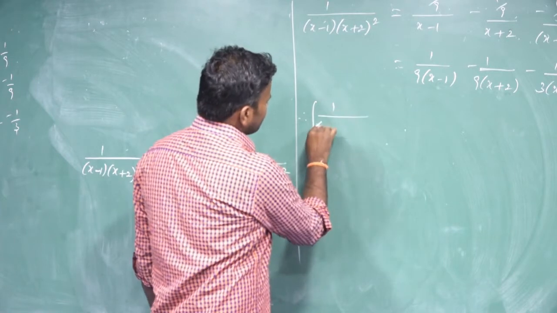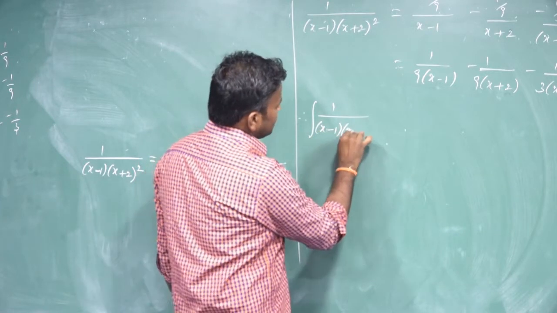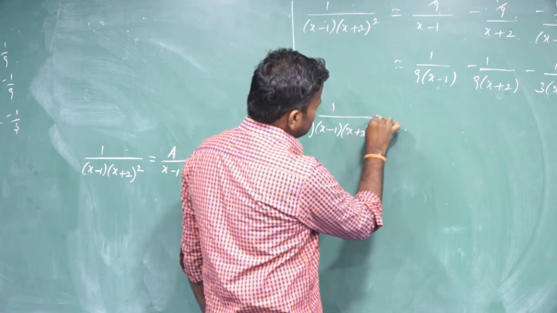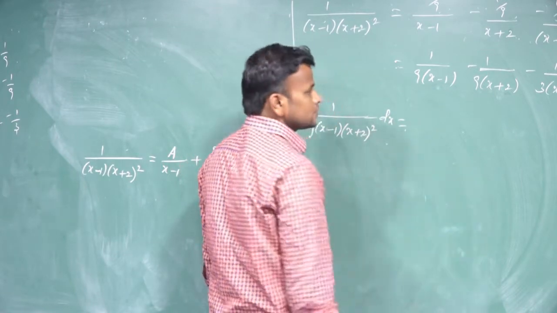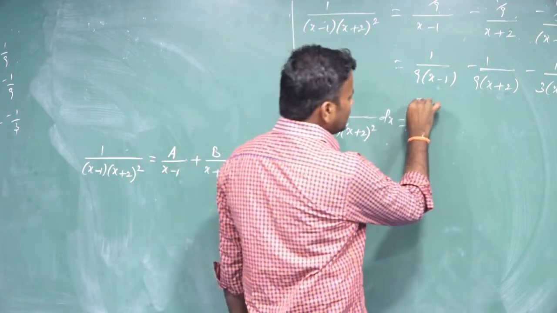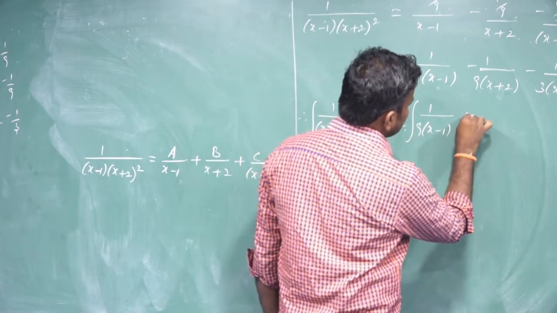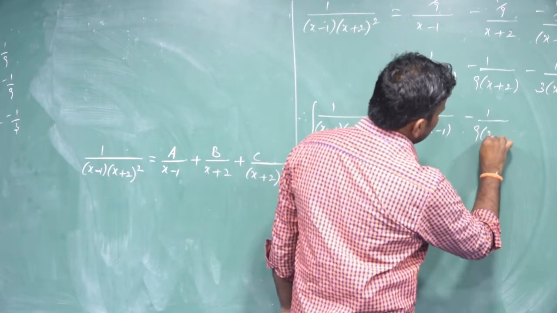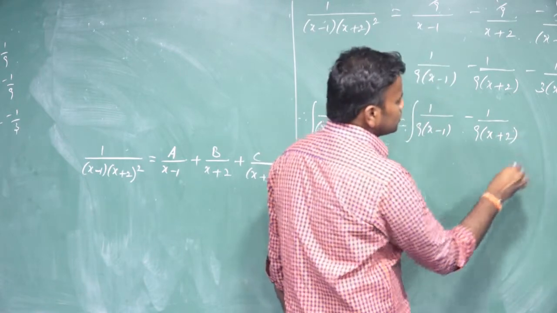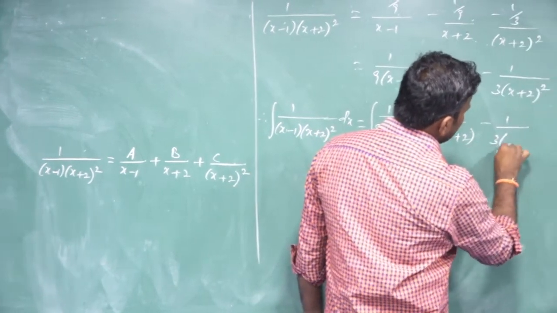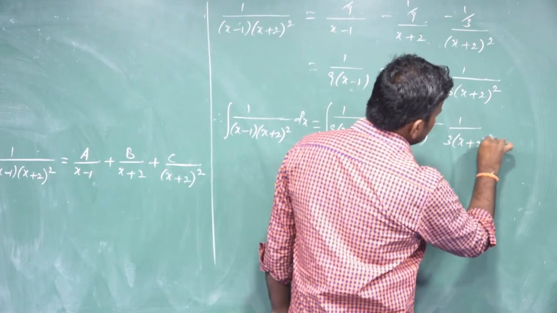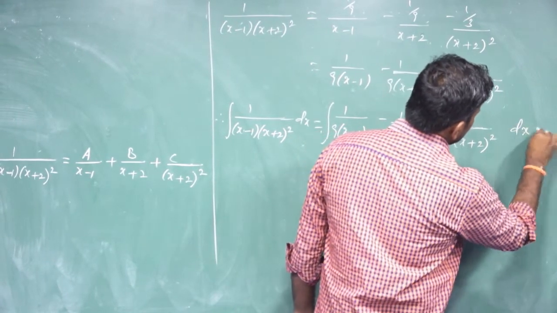Integrating 1 divided by x minus 1 into x plus 2 the whole square into dx. Now we integrate all the terms. Integrating 1 divided by 9 of x minus 1, minus 1 divided by 9 of x plus 2, minus 1 divided by 3 of x plus 2 the whole square, into dx.